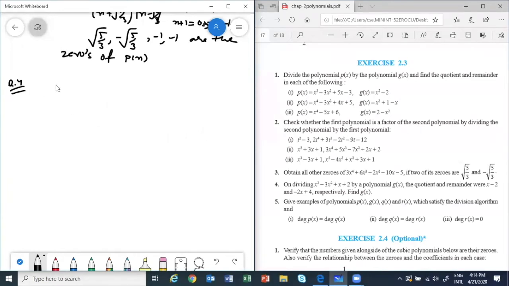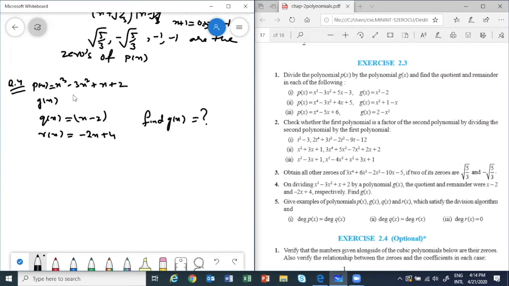On dividing x³ minus 3x² plus x plus 2, so let me name it p(x) here itself, by a polynomial g(x), the quotient and the remainder were, so q(x) is given. Quotient is x minus 2 and remainder polynomial is minus 2x plus 4. Okay, we have to find g(x).